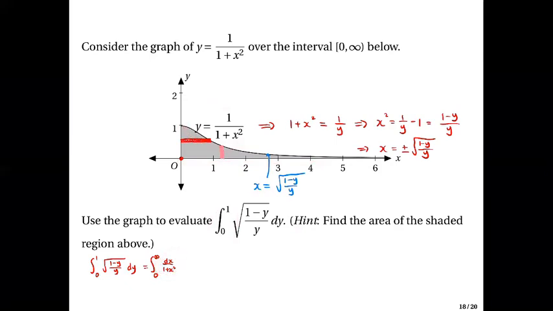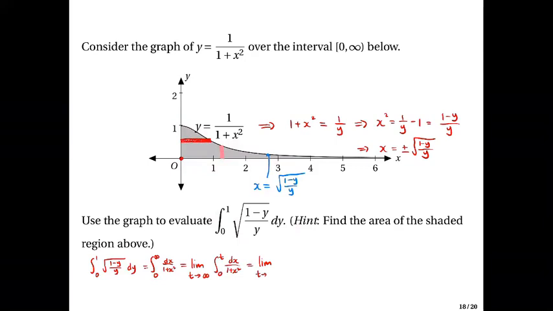So this is an improper integral. We just write the definition: limit as t approaches plus infinity, integral from 0 to t, dx over 1 plus x squared. I hope you remember that the integral of dx over 1 plus x squared is tangent inverse.